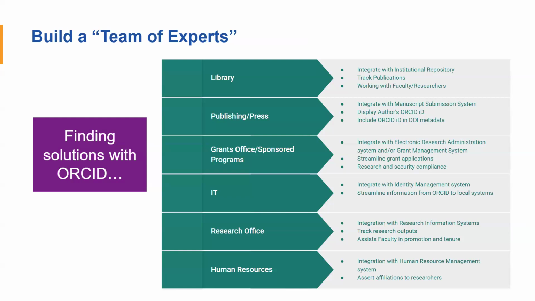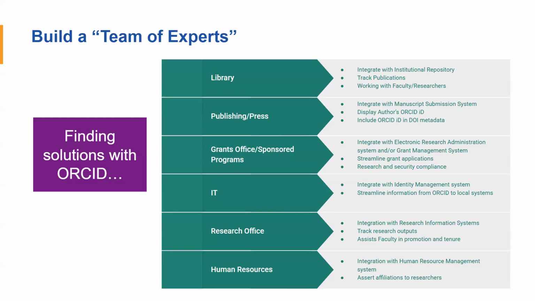The grants and sponsored programs offices will want funding information that's available in ORCID, and talking about how ORCID is beneficial in grant application processes. Now, your human resources office may want to push employment information to ORCID. So other areas of campus have different goals and ways that they would want to utilize ORCID.